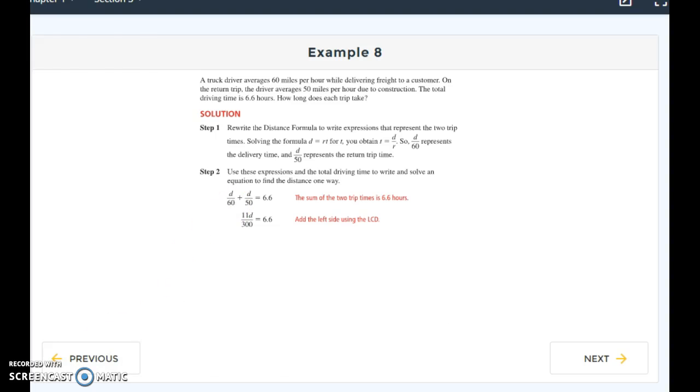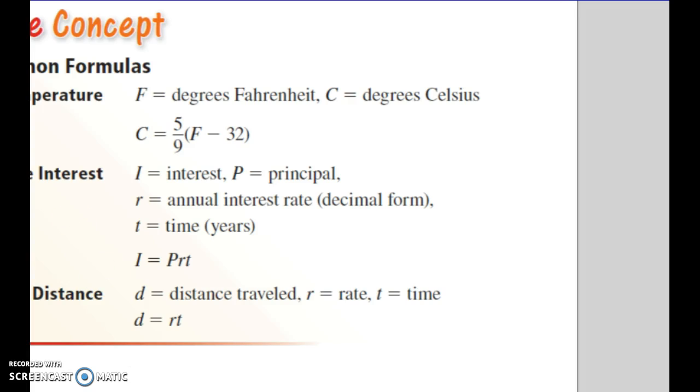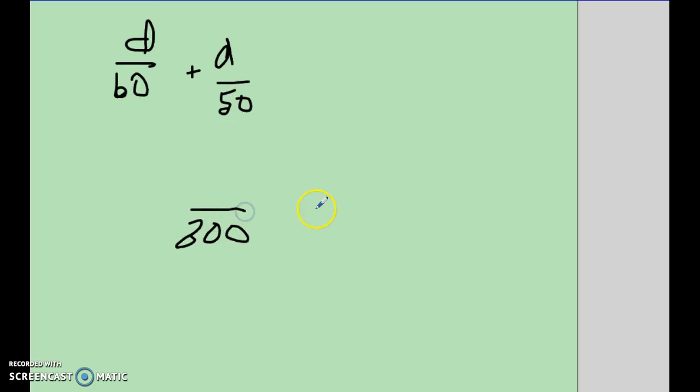Now let's go ahead and look at this notebook and we will do that together. So I have D over 60 plus D over 50. So I know that 60 times 50 is 300. So I can rewrite both of my fractions with that common denominator.